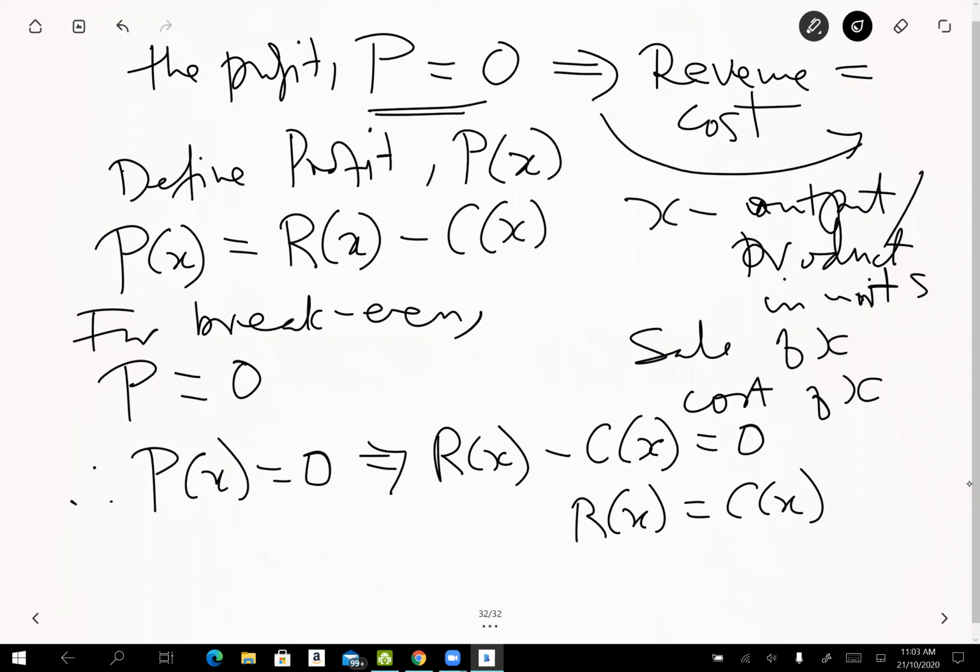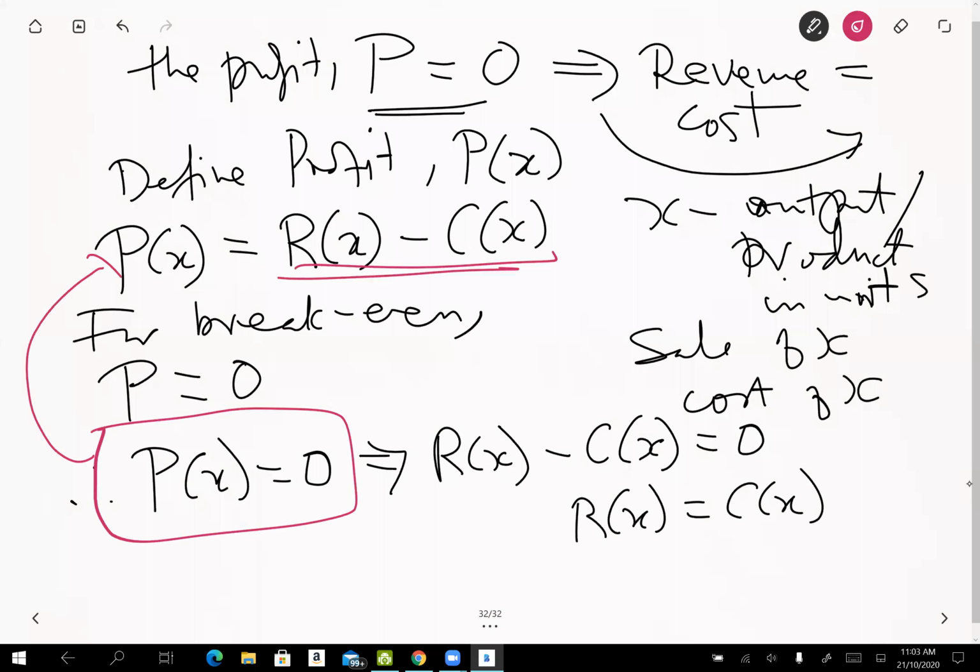So there are two ways of doing this question of break even. Number one, we can do it right away from the profit, which we know is equal to revenue minus cost. Look at the profit, you set it equal to 0. Or number two, you use revenue and cost, you equate them, and then you get the x.